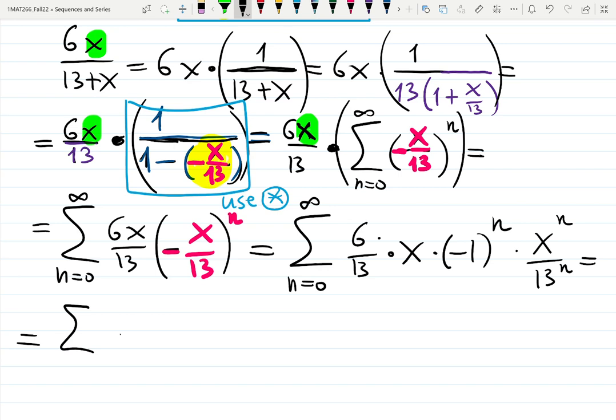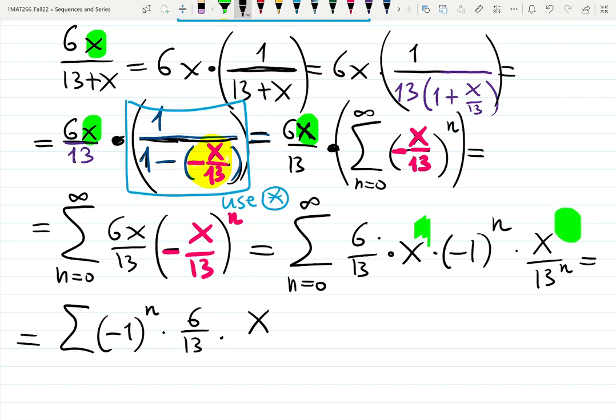Let's do what first? Probably minus 1 to the n usually goes first, to show people it's an alternating series. Then it's 6 over 13. That's the coefficient, it doesn't depend on any n. Then x raised to what power? n plus 1. Exactly.